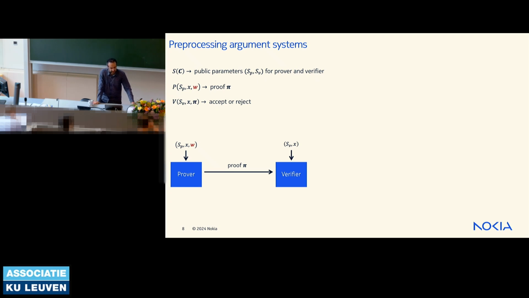In the setup, we give the circuit, the program that we want to prove, to the setup process, and the setup process generates some public parameters. Some public parameters for verification, and some public parameters for proving. So if you want to prove something, we use these public parameters. Think of it as a public key, and we use the verification key when we want to verify.